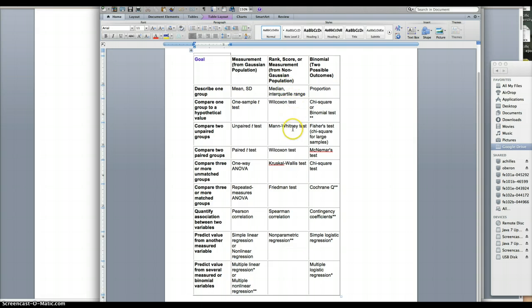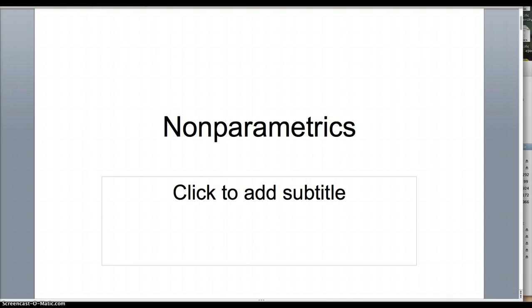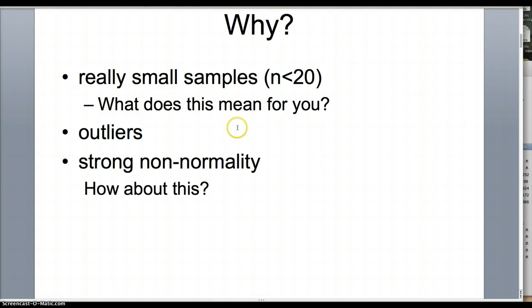So this is for ranked data, or what we also call ordinal data, and then you can compare that to the different ways that we're going to conduct a test. The reasons why we use that, as we said, are really small samples. For the people that take applied research, if you're going to have to run some kind of statistics, that tends to become very relevant because this is for small groups.